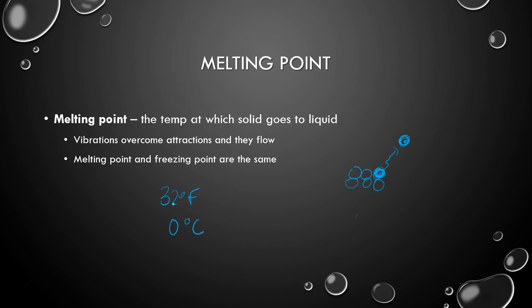And the answer to that is no. They are the exact same. At 32 degrees Fahrenheit or 0 degrees Celsius, you can either freeze or you can melt, depending upon whether or not energy is being added. So they are actually the exact same as each other. We're going to look at this more when we look at phase changes in the next lesson.